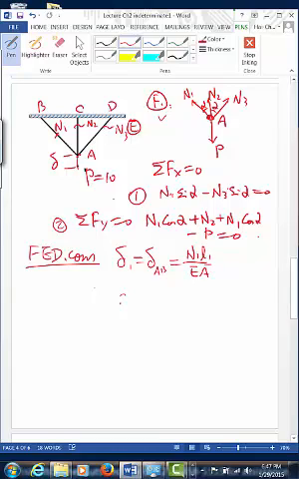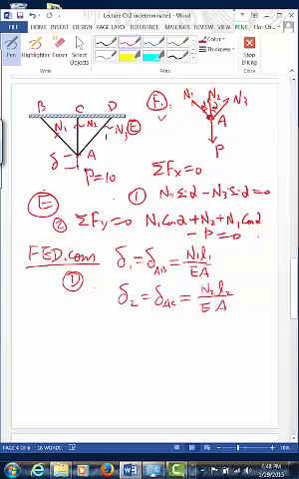And then we also know delta 2, that is delta AC, equals N2 L2 over EA. And delta 3 is the same as delta 1, so we don't need that. Okay, so that's the deformation part, the D part. So this is the E part, and this is now the D part. So F, E, D.